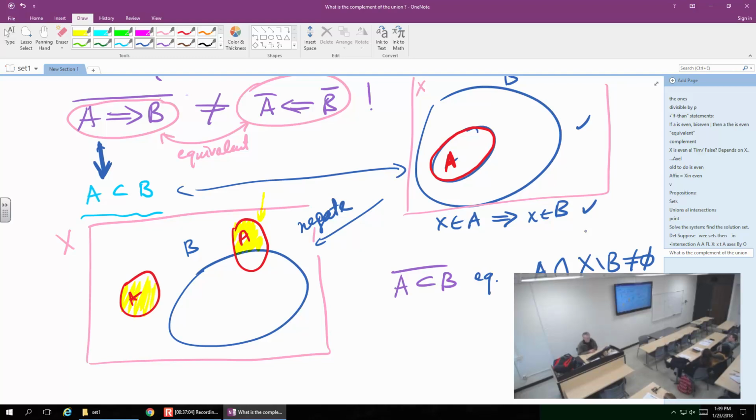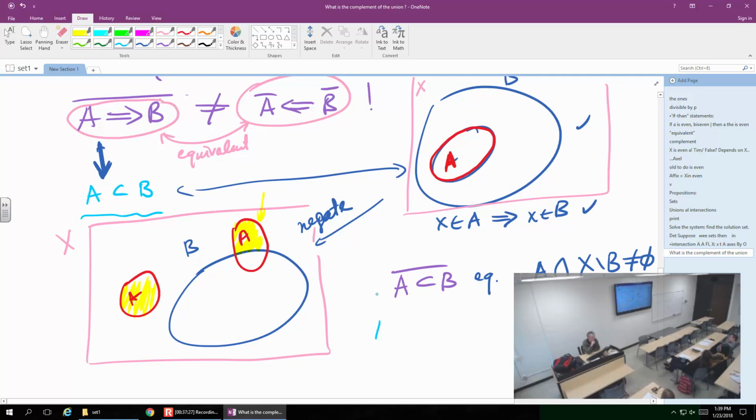Well, let me try. Let me do it with the parameters. So A now is a statement. Suppose there's an x there.